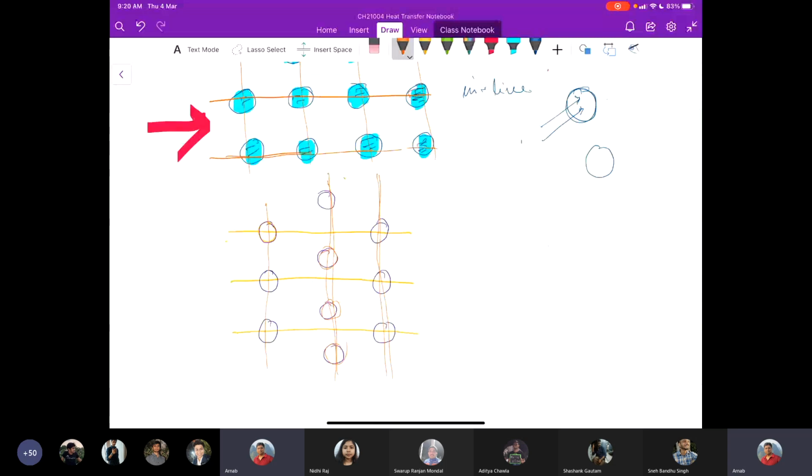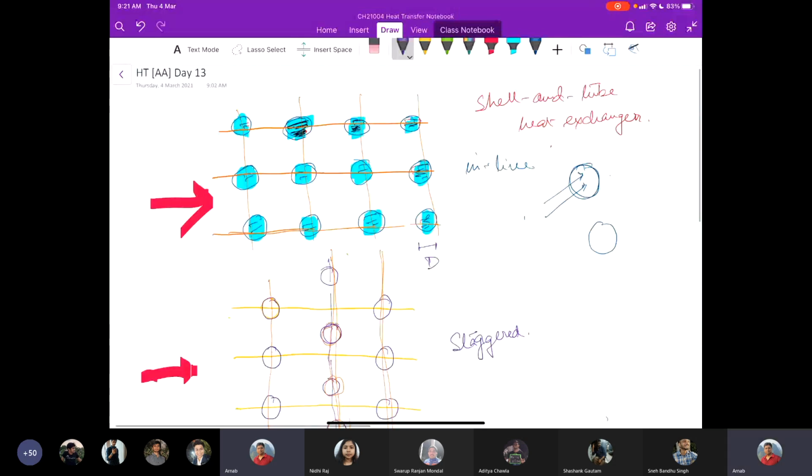But here, when the flow is in this direction, the second column is not in line, but is staggered. Say we are dealing with tubes that have a diameter capital D. This arrangement we call the staggered arrangement, and this is the inline arrangement.